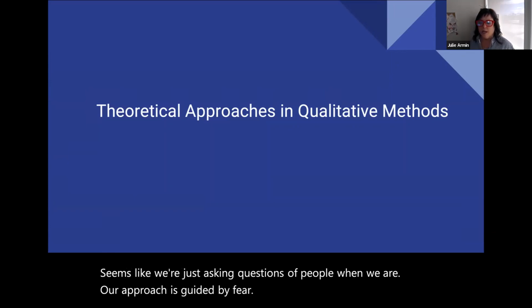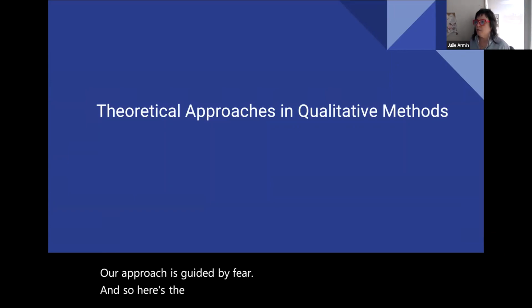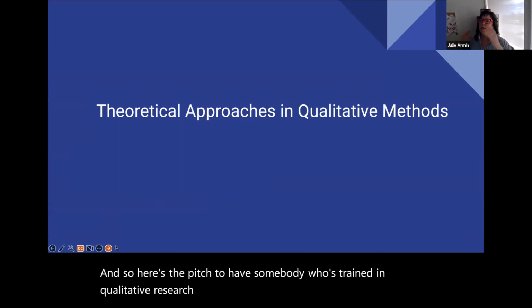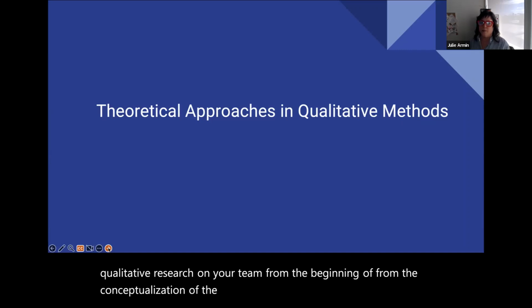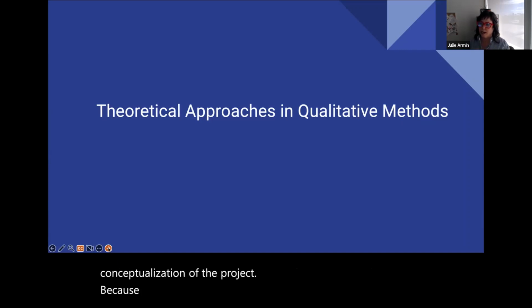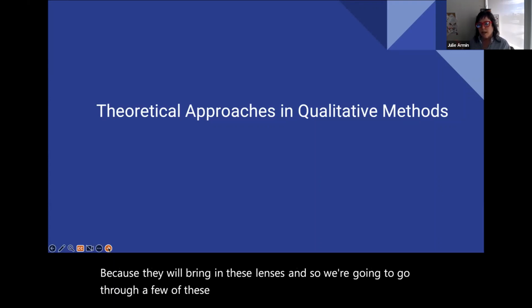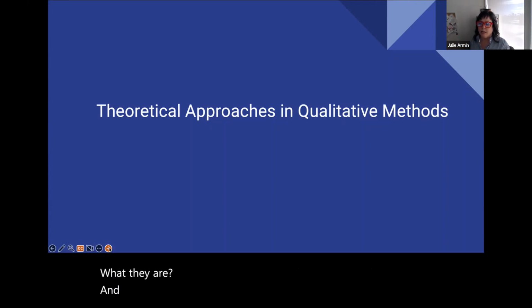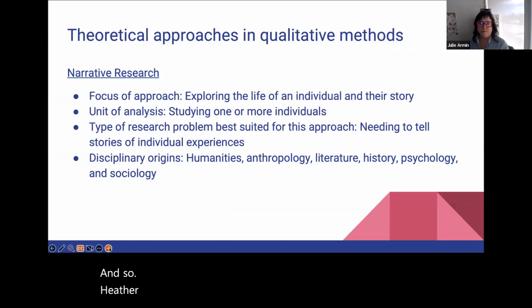And so here's the pitch: to have somebody who's trained in qualitative research on your team from the beginning, from the conceptualization of the project, because they will bring in these lenses. And so we're going to go through a few of these lenses just to give you a sense of what they are. Heather, can you move us forward?